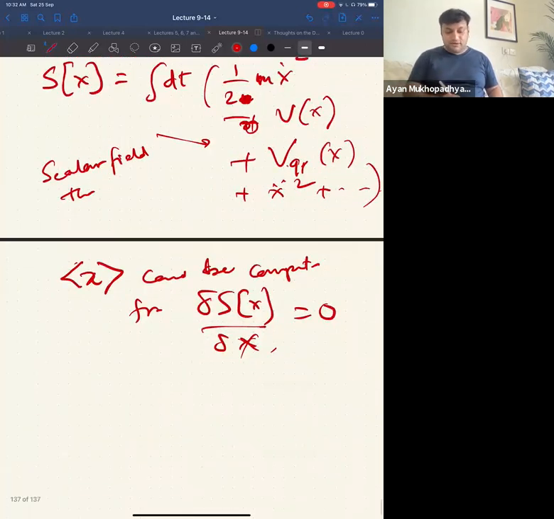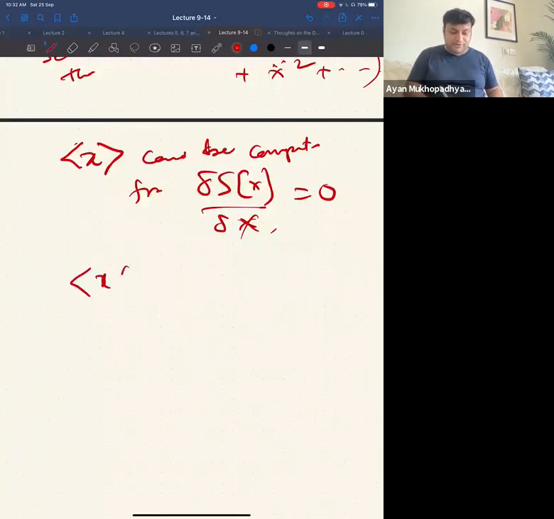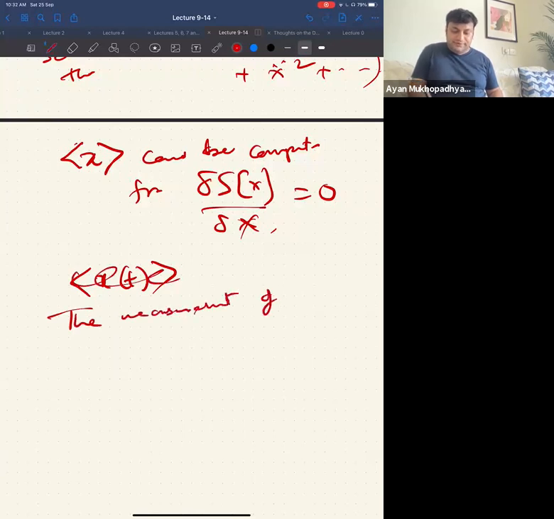The reason it is not enough is that if I actually do a measurement of x of t, the measurement of x of t will typically not be equal to the average x of t.